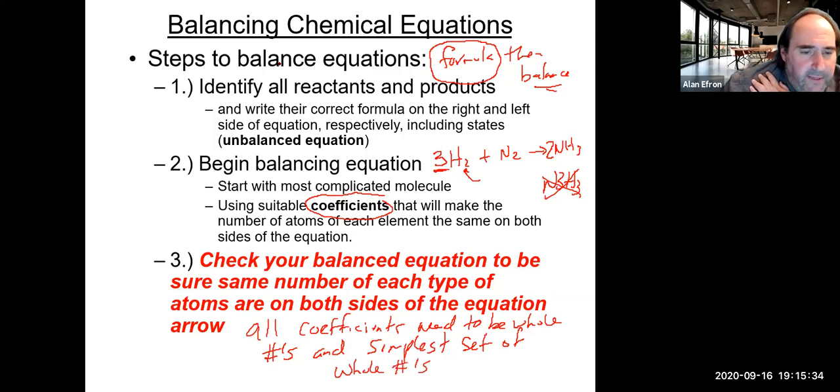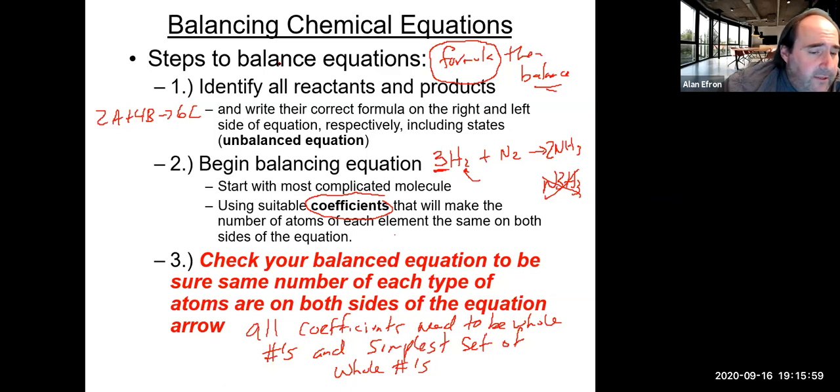So you may ask, what does that mean? For example, let's just say that you balance this equation: 2A plus 4B gives you 6C. We'll just assume that it's balanced. When you look at all those coefficients, they are all whole numbers, which is good.